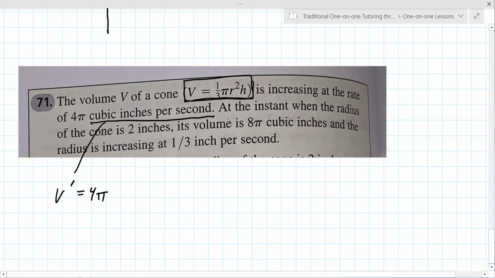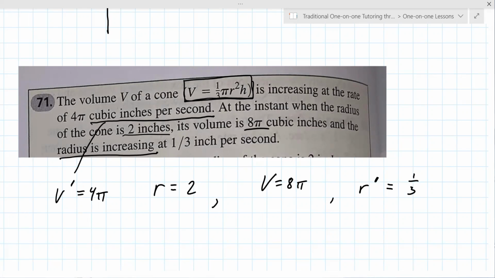At the instant when the radius of the cone is 2 inches, because it's not inches per unit time, that's just a value, r equals 2. Its volume is 8 pi, so V equals 8 pi. And the radius is increasing, so that's r prime, and because it's inches per second, r prime is 1/3. So you want to grab as many of these quantities as you can before you do the problem.